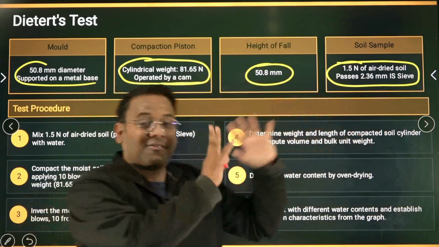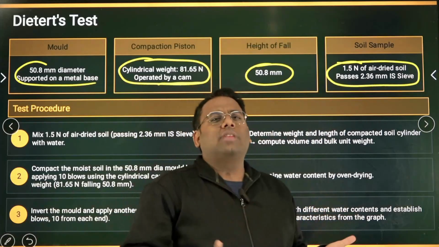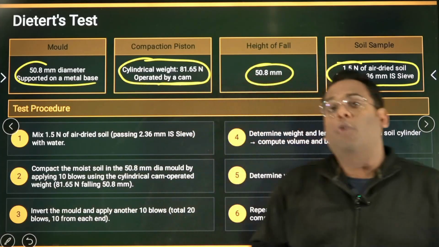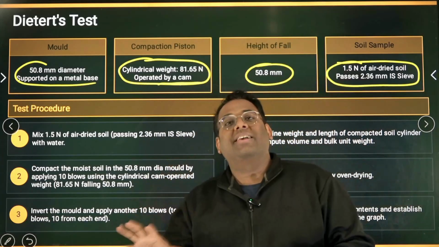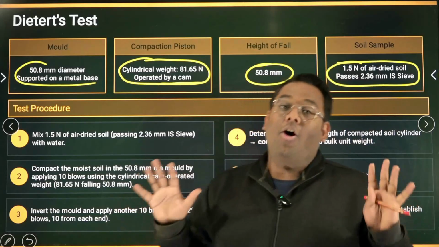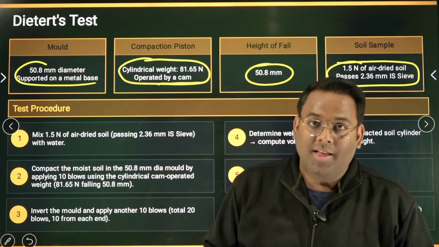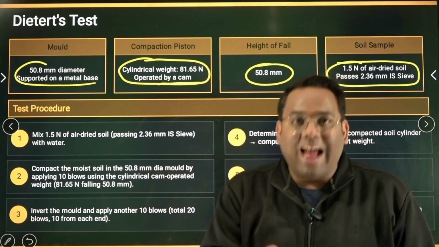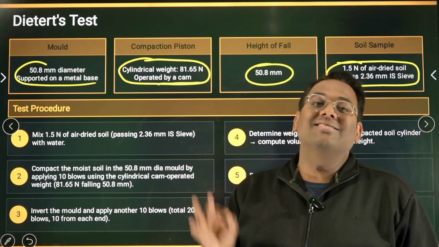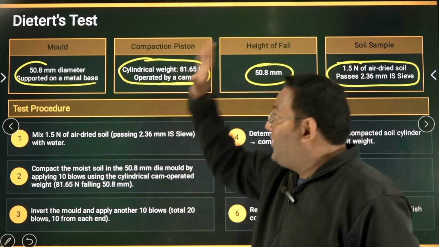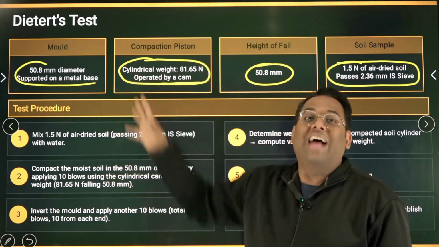I am just covering this because I don't know which test you are going to follow, but the main basic principle of all compaction tests is the same, and I want you to understand that, because understanding the concepts is more important than cramming all these data.